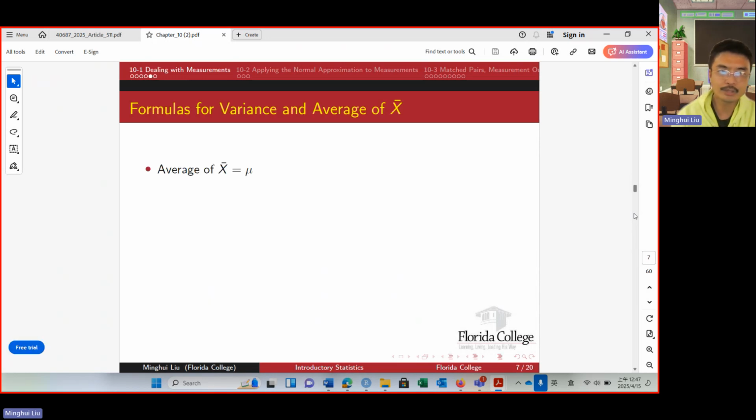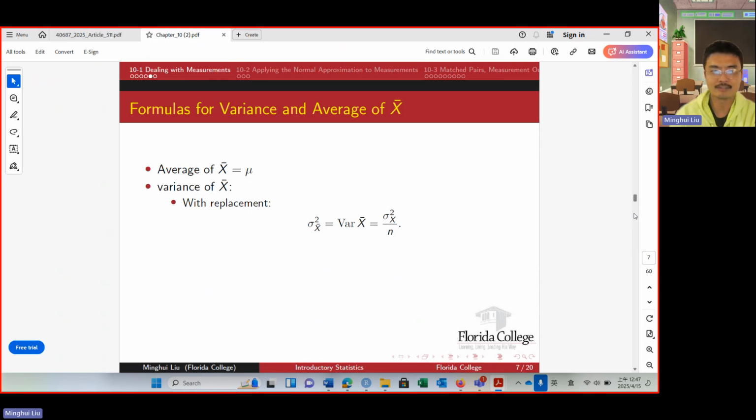All right, so here, let's summarize the formula for the variance and average of x bar. The average of x bar is equal to mu, the population mean, and the variance is calculated by the following formula. We have two cases. One is with replacement.